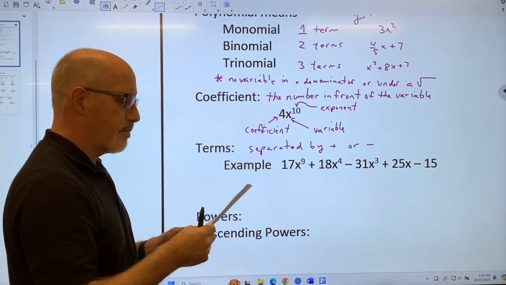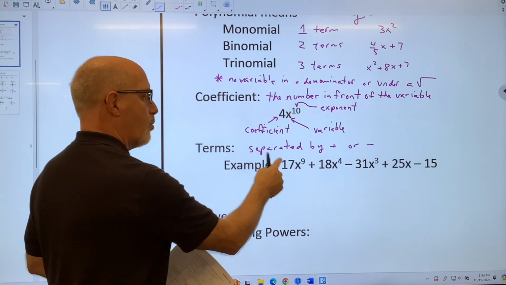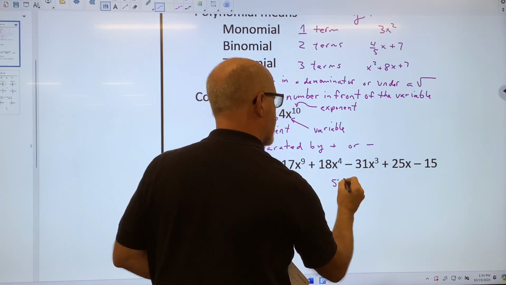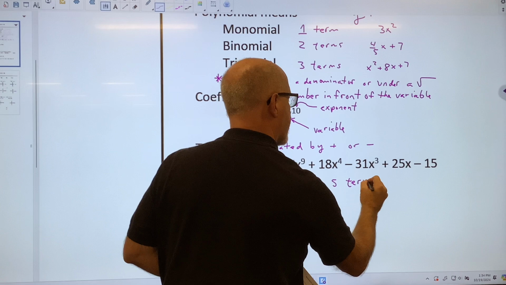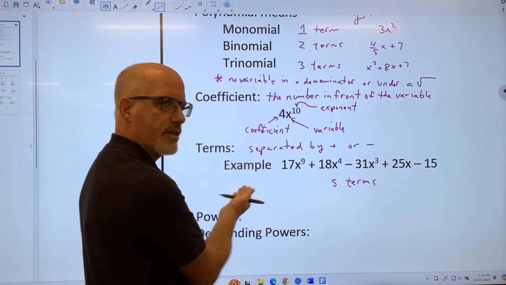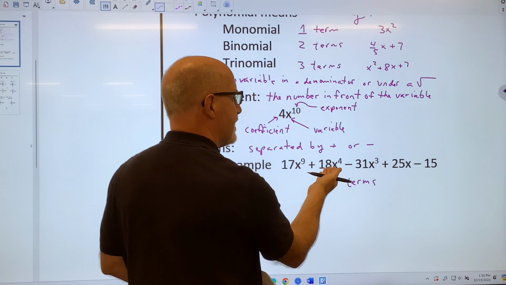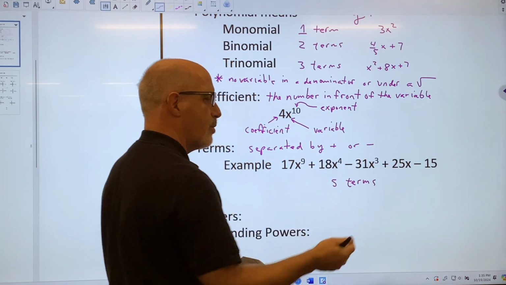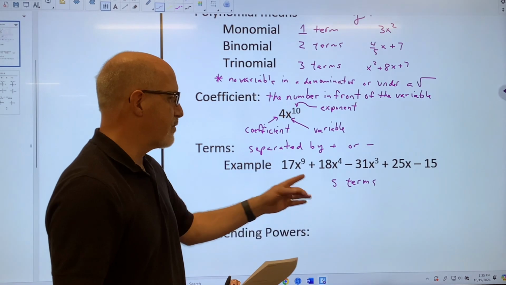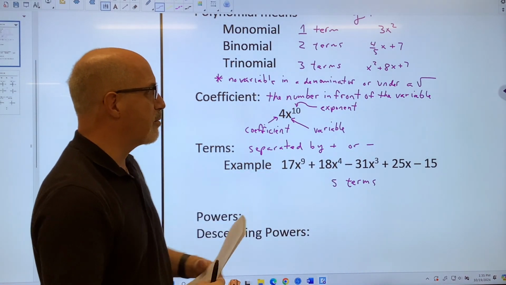So if you look at this polynomial here, we have 1, 2, 3, 4, 5 terms. And notice we have coefficients, like 17 is the coefficient of this term, 18 is the coefficient of this term, and so on. But when talking about the number of terms, 5 terms because it's separated by plus or minuses.